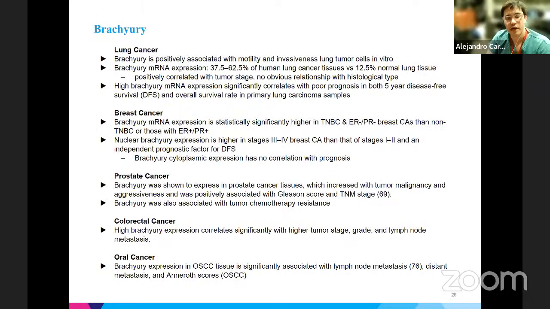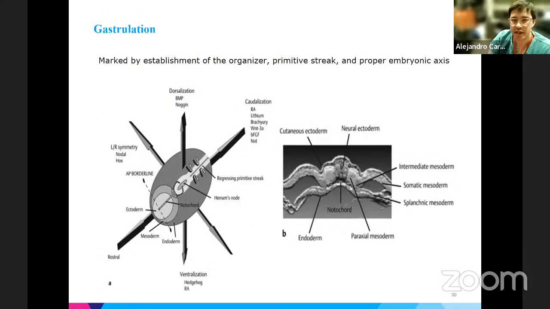Brachyury has also been implicated in a number of other cancers, just so you know, and its overexpression usually correlates with worse prognosis. Going back to gastrulation, I also just want to point out the Hox gene here, which is implicated in left and right symmetry.